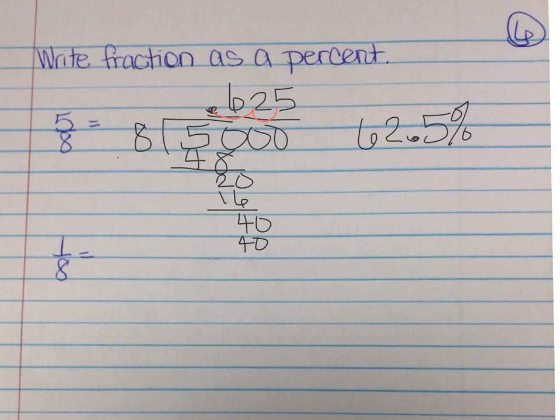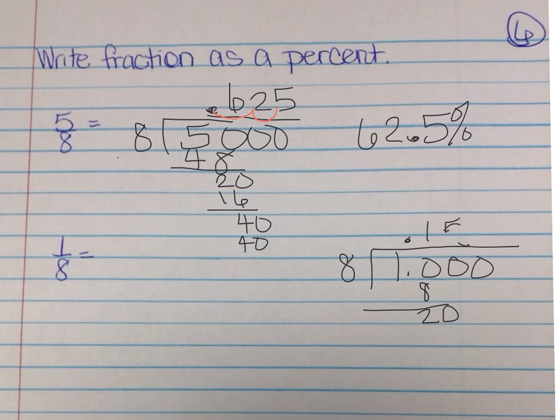Okay, and over here we're going to do 1 divided by 8. I went over here so I could have a little bit more space here. Okay, so 8 goes into 10 one time. My decimal up there. Subtract, we get 20. And it goes in 2 times. That becomes 16. Get a 4.